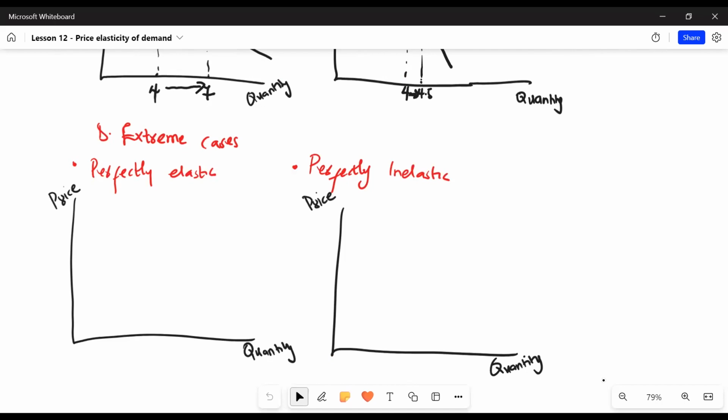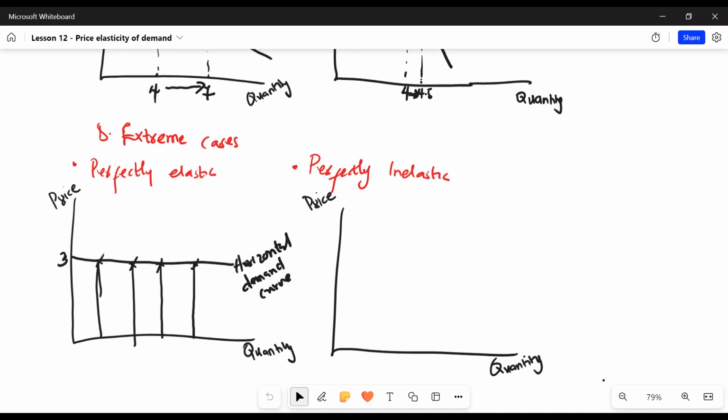When you draw a demand curve for a perfectly elastic demand, you have a curve that is horizontal. So this will be our horizontal demand curve. What this curve shows is that the least change in price will cause an infinite change in quantity demanded. So quantity demanded is very sensitive to changes in price.